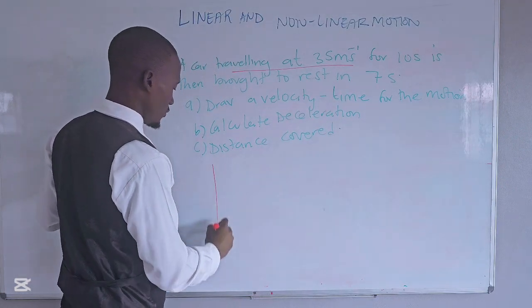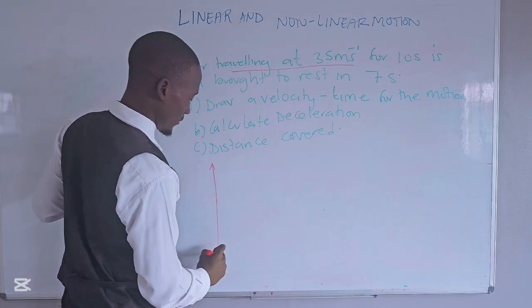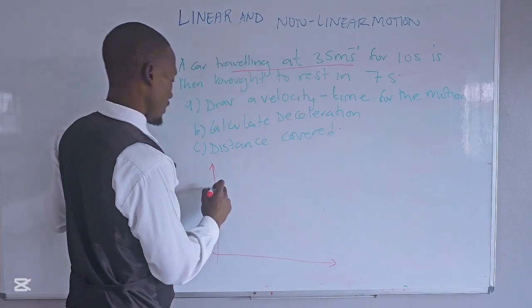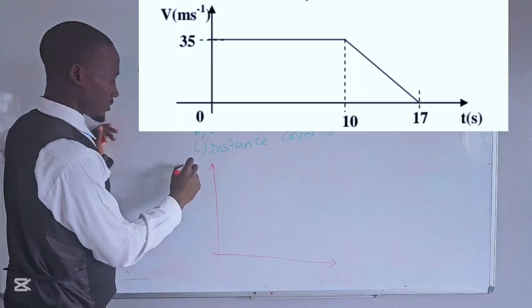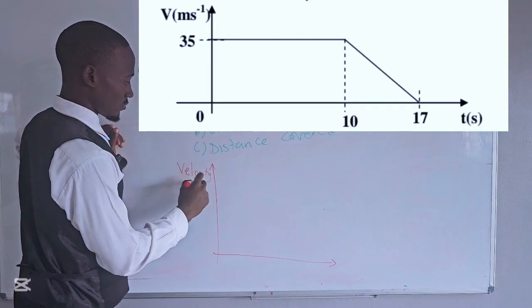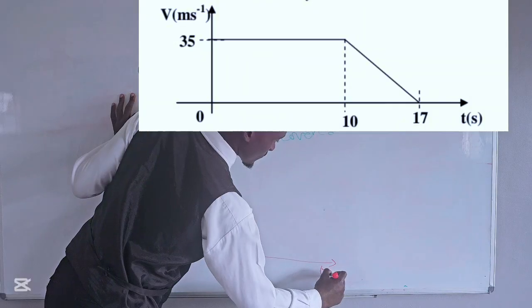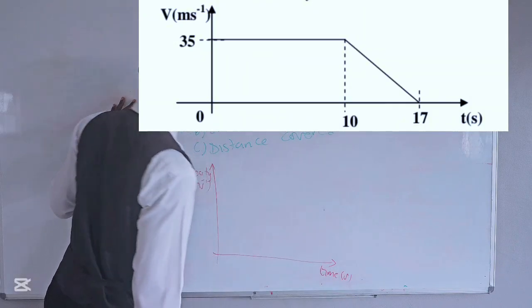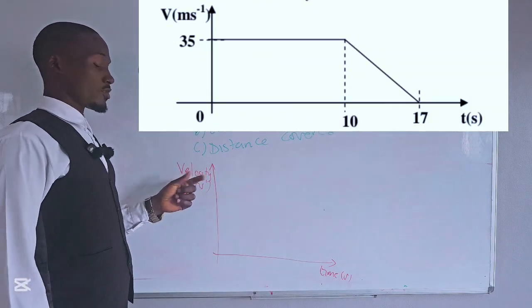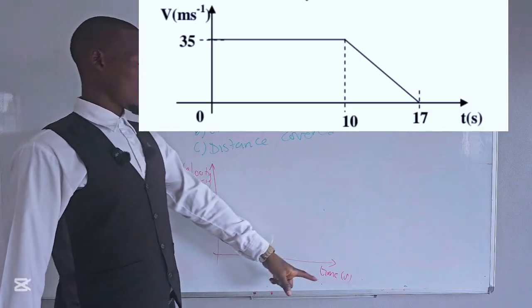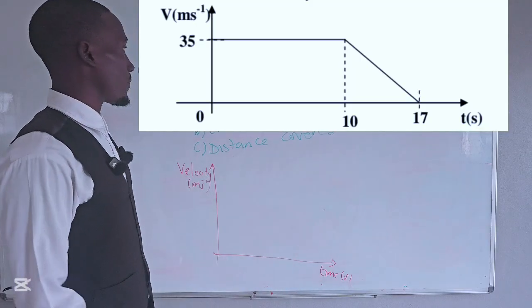So if you draw your velocity time graph, and you put here the velocity, that is meters per second, put here the time. Actually, you can use the letter V to represent the velocity. You can use the letter T to represent the time.